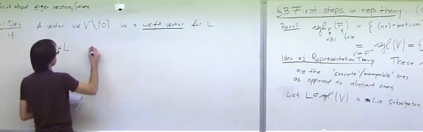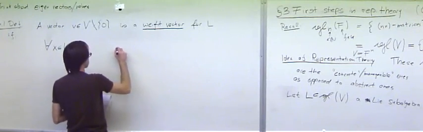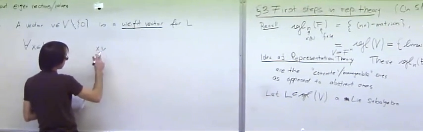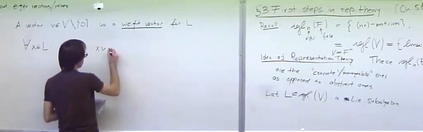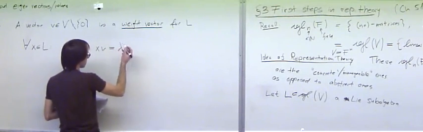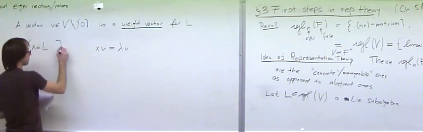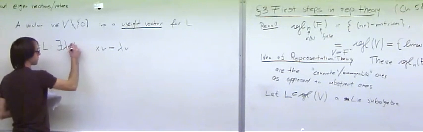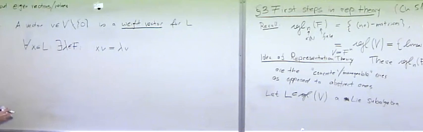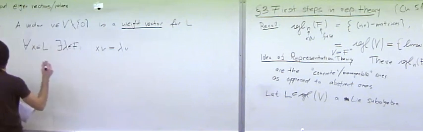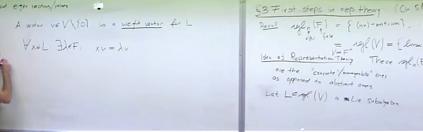So xv, this is matrix vector multiplication, should be given by lambda v for some scalar lambda. This is the formal definition, and informally one states that v is a simultaneous eigenvector.